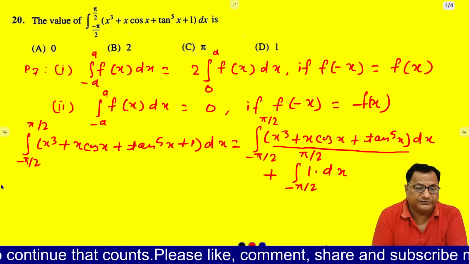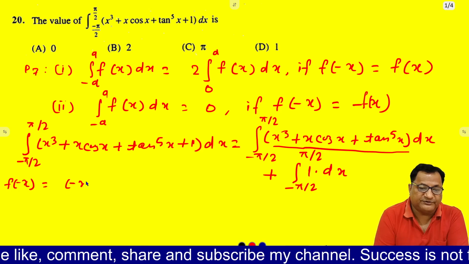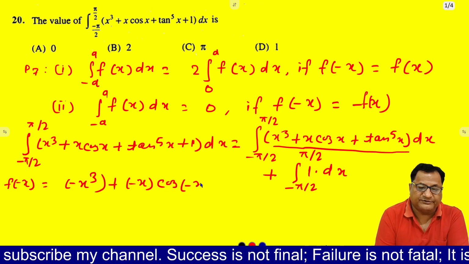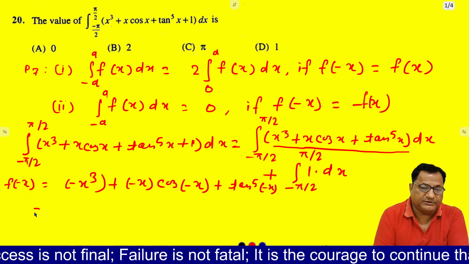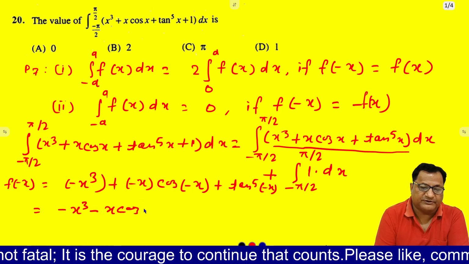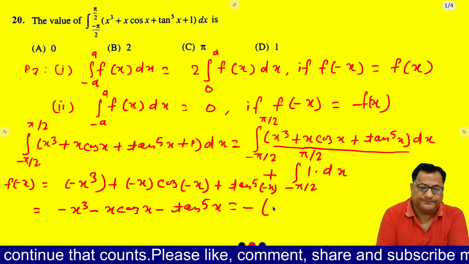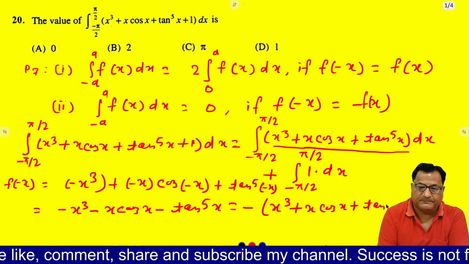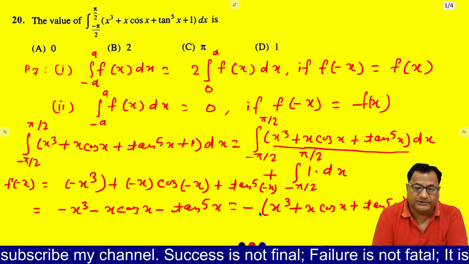See, we check f(-x). Here, (minus x) cube plus (minus x) cos(minus x) plus tan 5(minus x) is equal to minus x cube minus x cos x, since cos of minus x is positive cos x, and this is minus tan 5x, which is equal to minus of (x cube plus x cos x plus tan 5x). So this is an odd function, we see that.